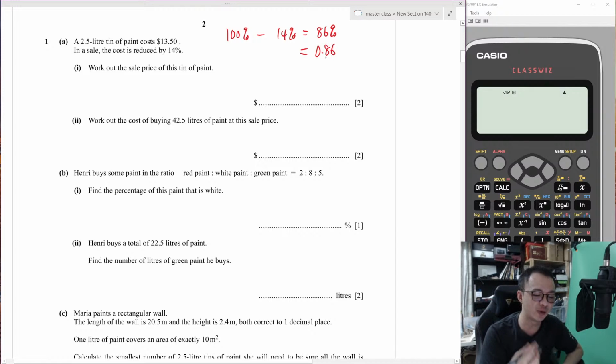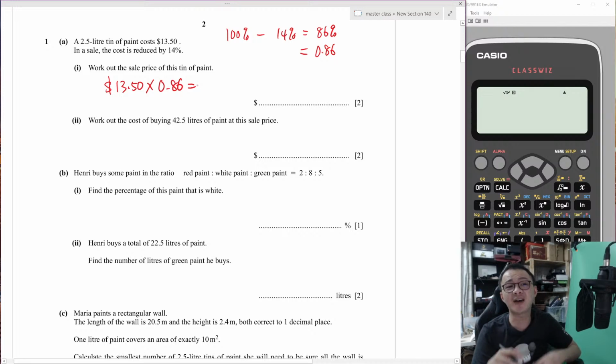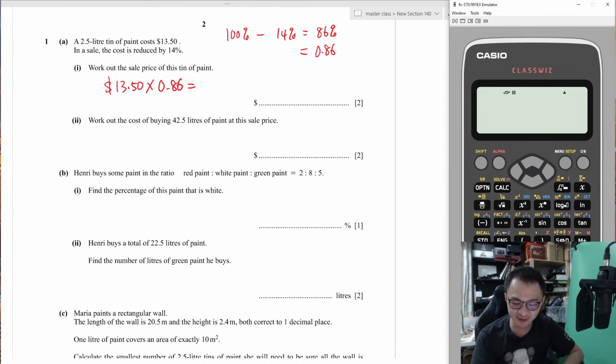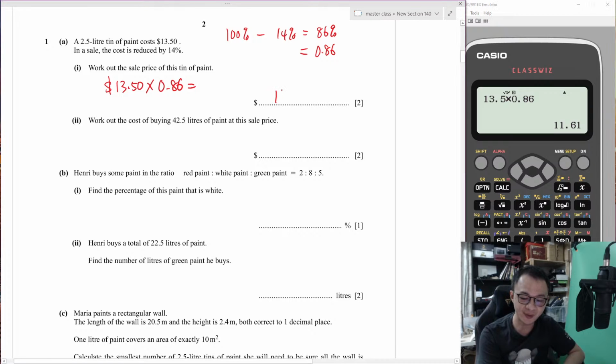So normally when I do it myself, I do 13.50 multiply 0.86, because after reducing 14%, the price is still remaining 86%, right? This is the faster way to get the answer. Multiply 0.86, so the selling price should be 11.6. Normally I'll round off to 60.